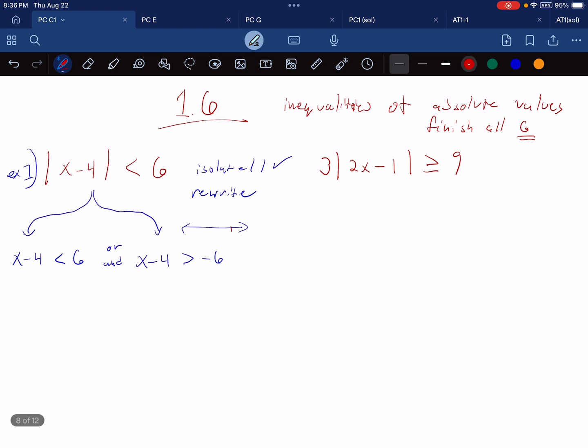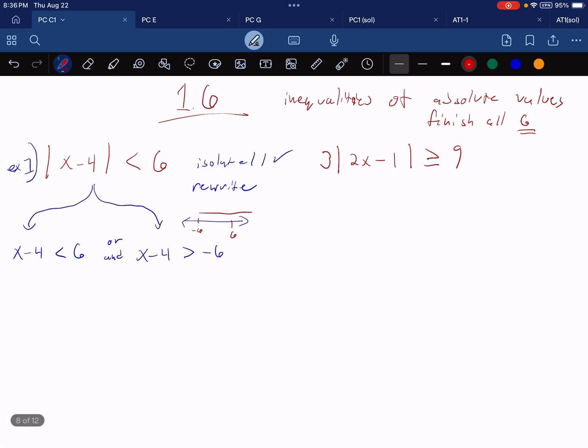This certainly wouldn't be an or statement, because if it was or, I would be covering the entirety of the number line. Notice that all of the red line goes on forever in both the left and the right and overlaps in the middle. If this was an or statement, this would just be every number. That logically doesn't make any sense, because I could easily pick an x where the difference between it and 4 is far greater than 6.